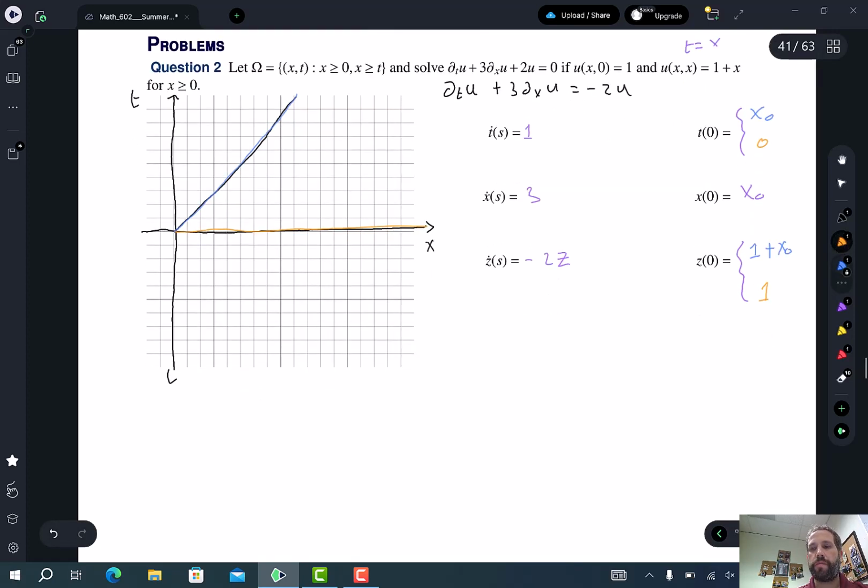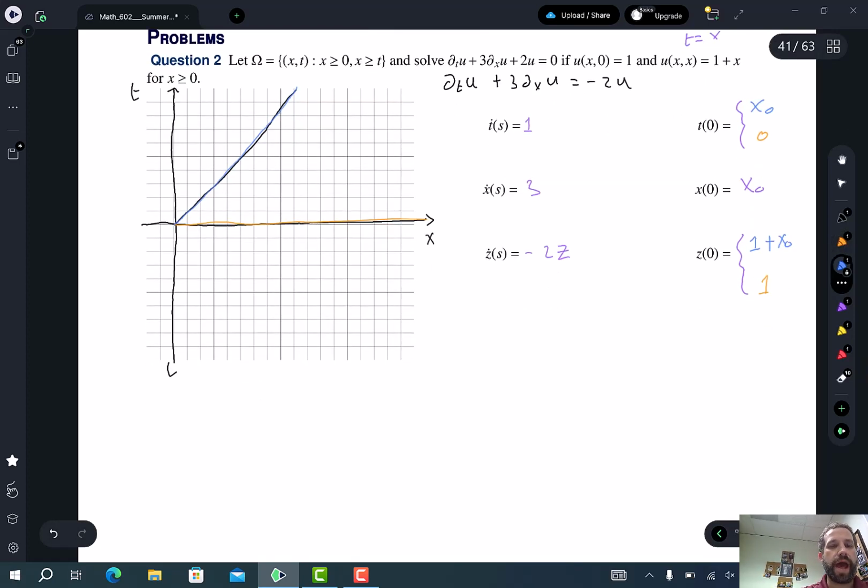Okay, so I'm going to break this into two. I'm going to first look at what happens for characteristics that pass through the blue line, t equals x. Let's look at this point right here.